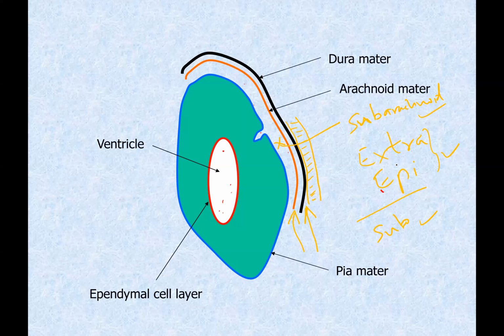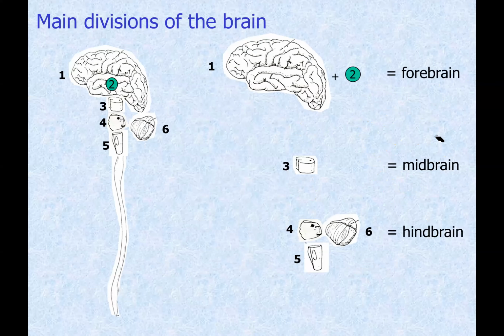In the subarachnoid space, you get the cerebrospinal fluid, which is also found in the ventricles of the brain, CSF. Remember that point. We'll get back to the dura mater again in another slide.